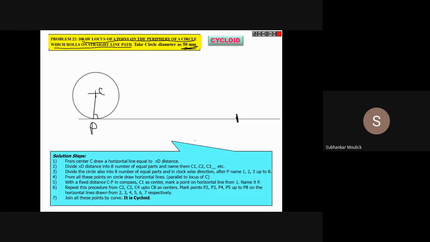That means this will be the position of the circle when theta is 360 degrees. That means this is the starting locus point of the cycloid and this will be the ending locus point of the cycloid. Yes or no?